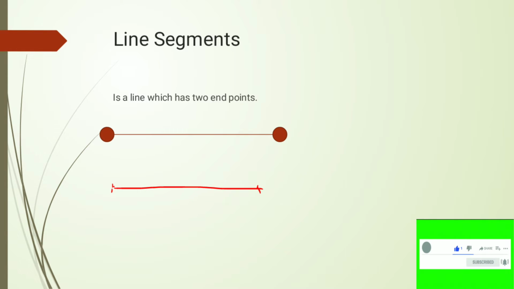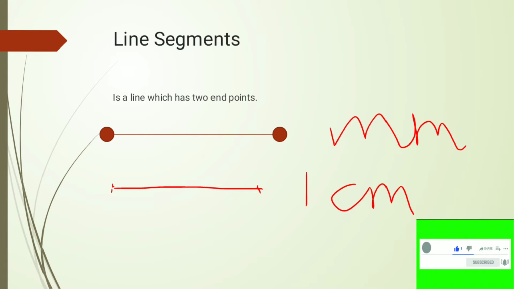One small division is called a millimeter, written mm. Thus, 1 centimeter is equal to 10 millimeters. I don't have space to write millimeter, but mm. Okay.